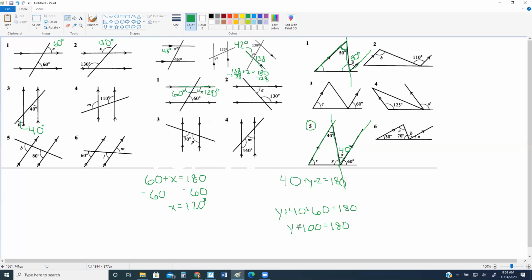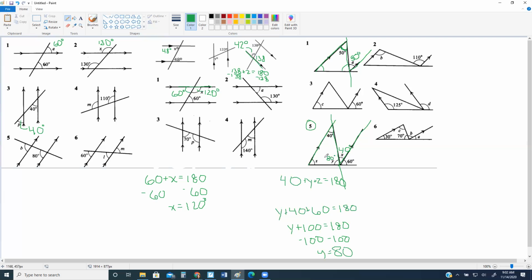I've added 100, so to get rid of it, I need to subtract 100. I have to do it to both sides so we maintain that equilibrium. And y equals 80. Does that make sense? Well, sure, it's smaller than 90, but not a lot smaller than 90. So y being 80 works.